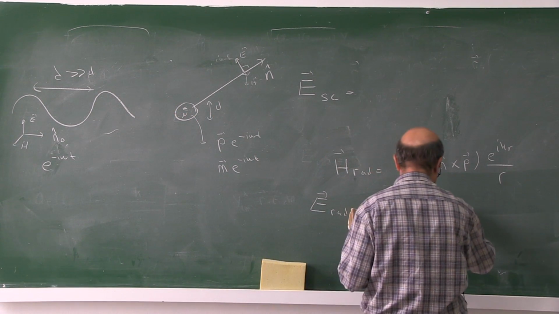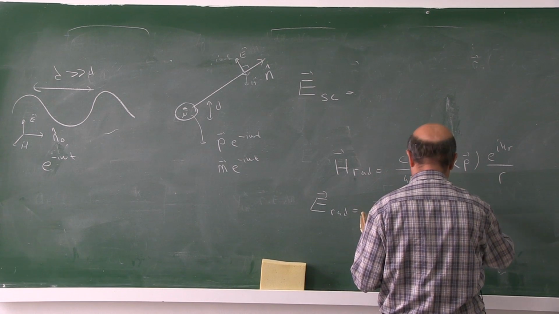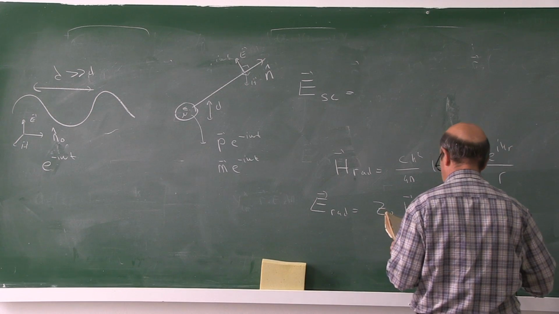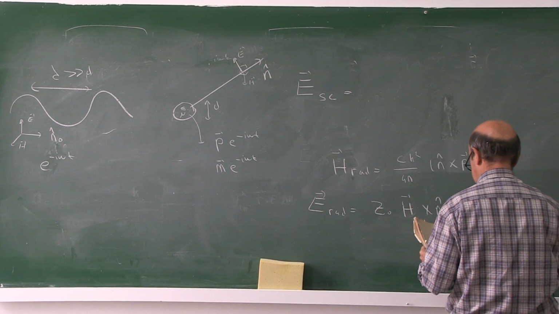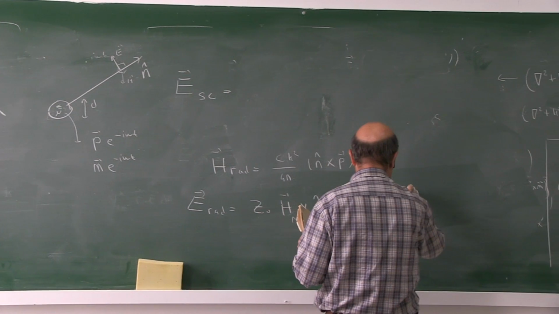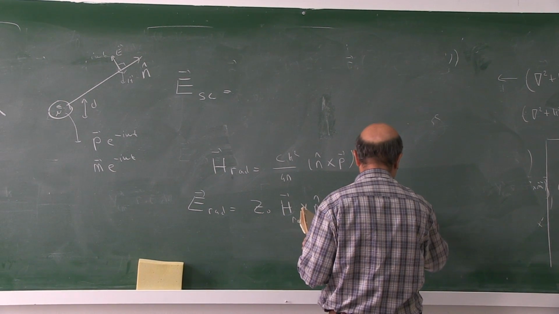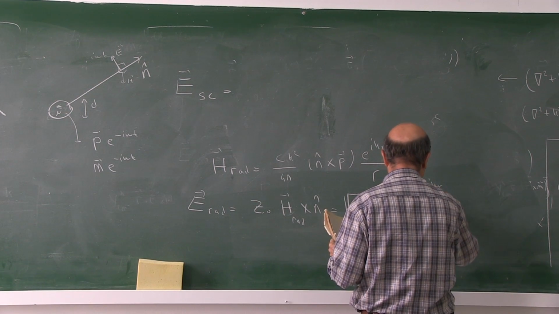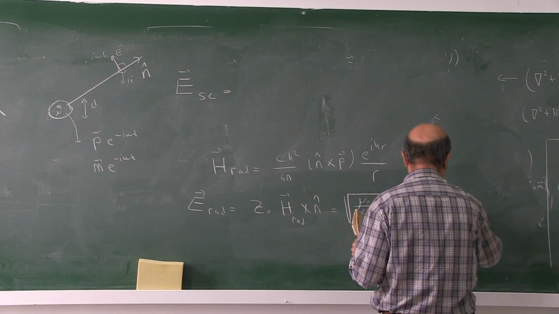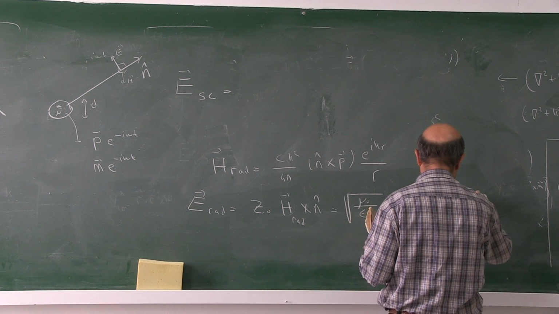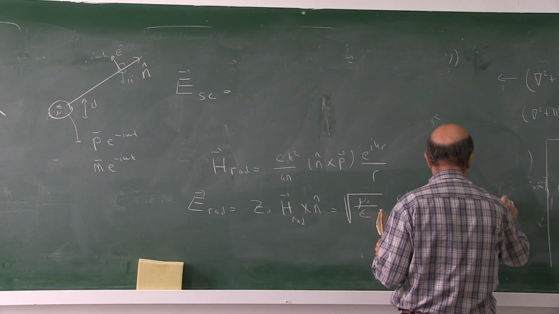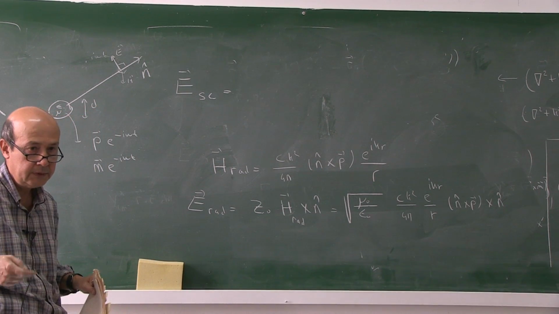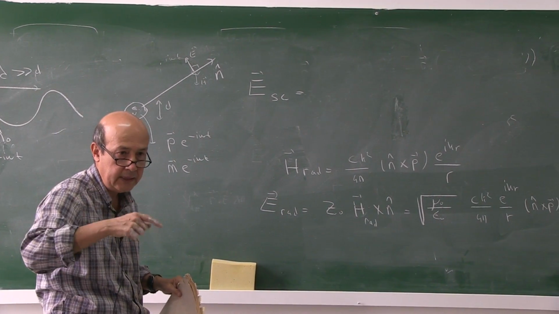Z0 is the square root of mu 0 over epsilon 0, and the other terms: c k squared over 4 pi, e to the ikr over r, n cross p cross n. This will be the field of the radiation of the oscillating electric dipole.